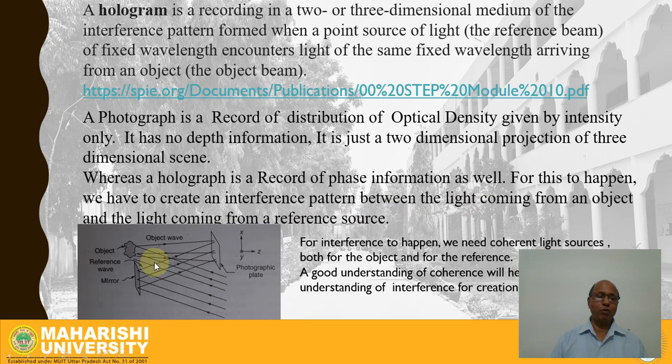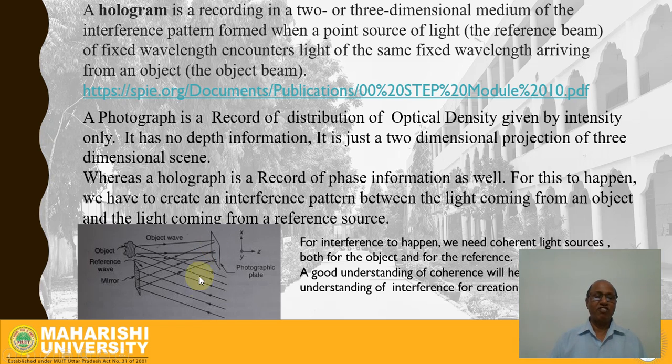The best example you can see here is that you have a photographic plate and the object is here, like me. Now one light is coming from the object and falling on the plate. As far as this falling is concerned, this is simply a photograph.